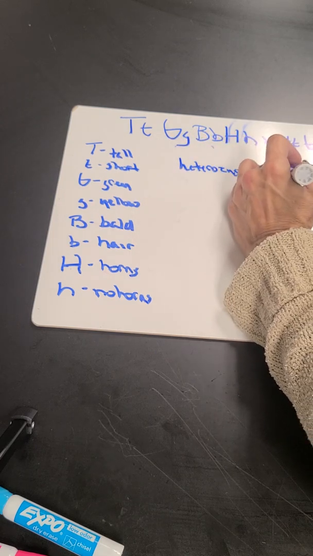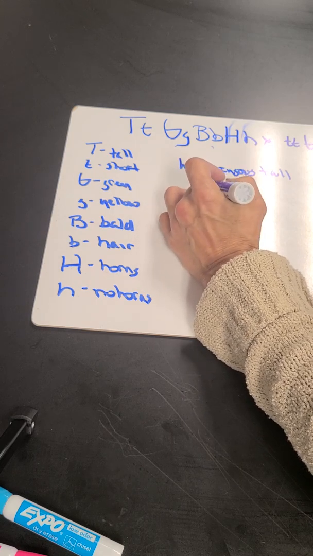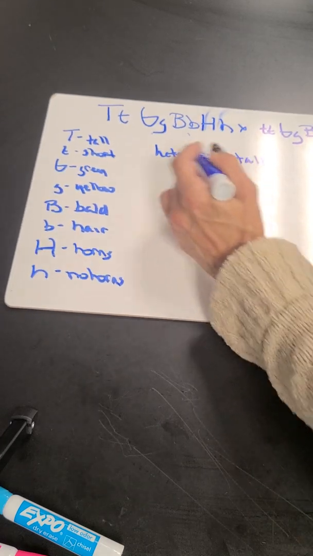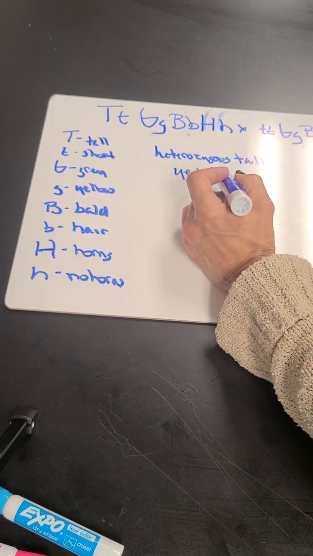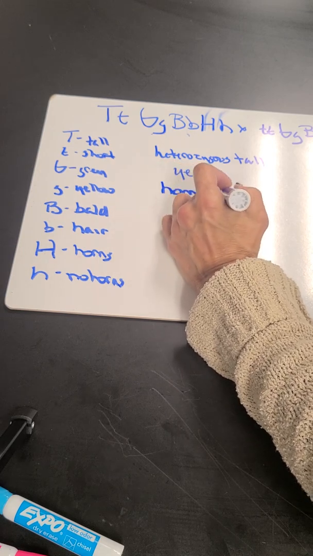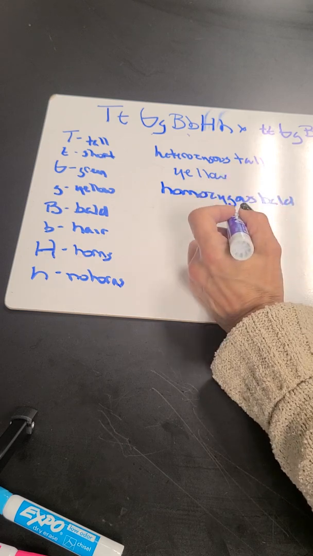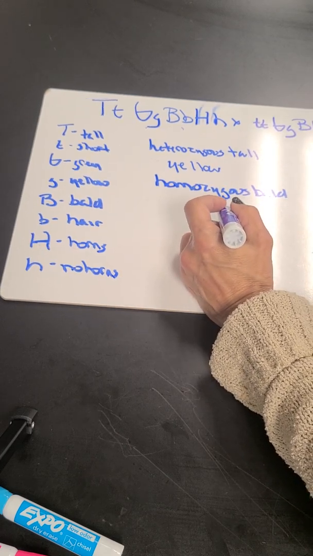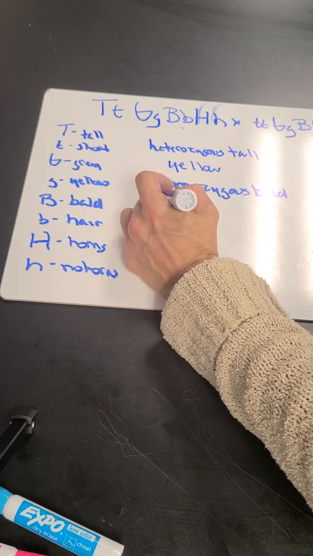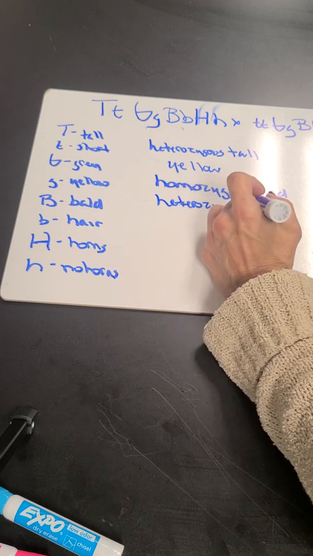So then I give you a description, and I'm just writing this out down the list. This is heterozygous tall, yellow, homozygous bald, and heterozygous horns.